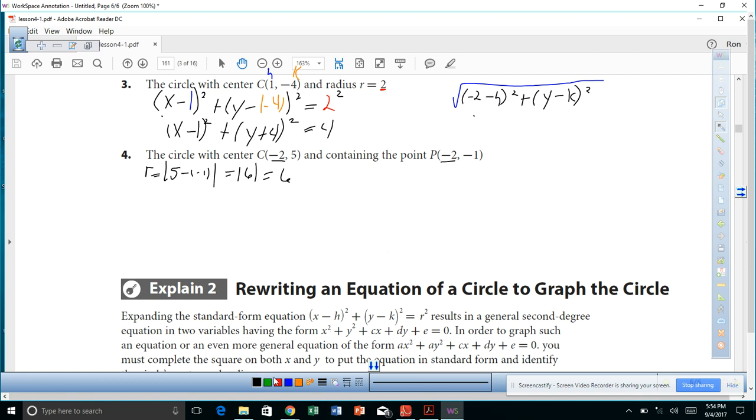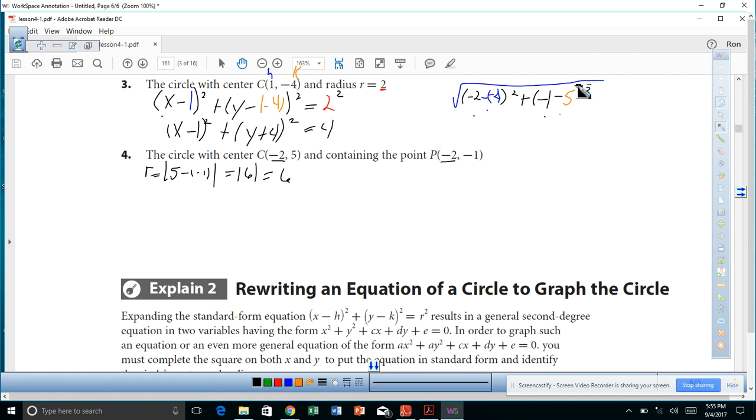For the x, we put in -2, and for the h, that's -2 as well. So that's minus -2. And then for the y, we're going to put in -1, and for the k, we're going to put in 5.